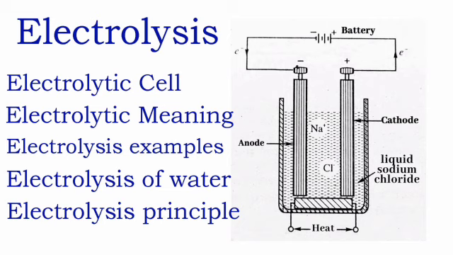Whereas since the cathode already has electrons, which are negative, it will be looking for positive ions, for cations, and it will be collecting the cations from the electrolyte.